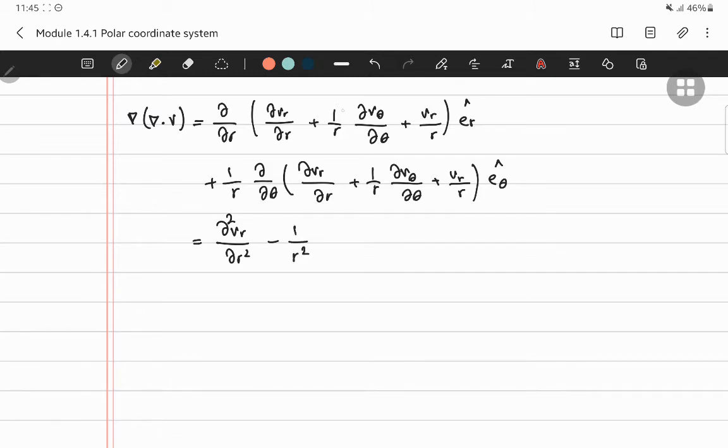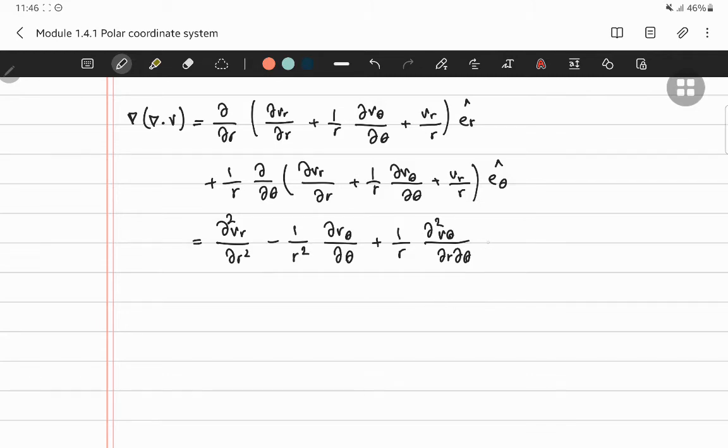So we take the derivative of this part first with respect to r, times the second one. And now it is plus 1 divided by r, so we take the derivative of the second one. So it is the second derivative of v_theta with respect to r and then theta. It is not important whether you take the first derivative with respect to theta and then r. So these are the same, these are both equal.